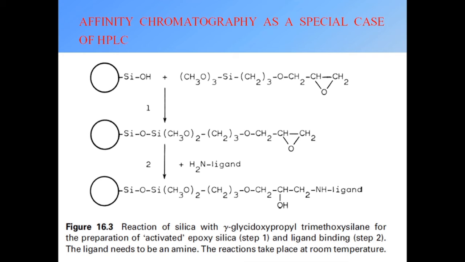However, it is much simpler to buy an activated gel which allows the desired ligand to be bound according to well-known methods. A possible example for activation and binding is shown in that figure. For separation problems that require common ligands, ready to use stationary phases are available.